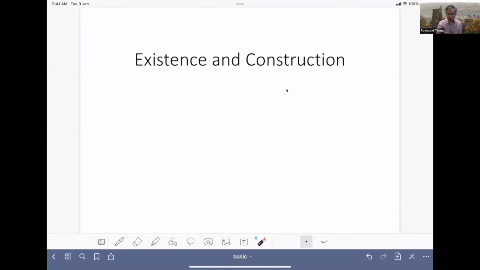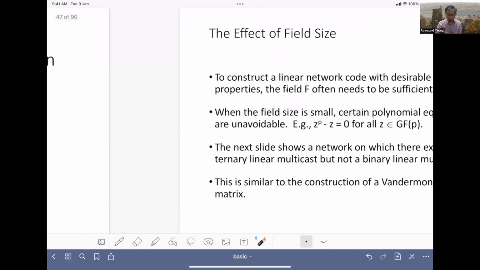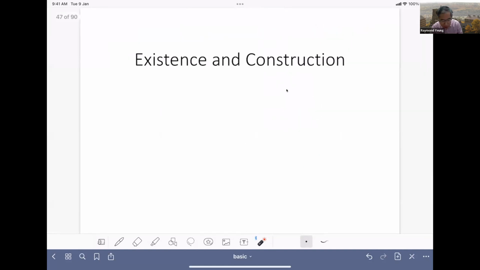Now here I would like to talk about existence and construction. Oh, I'm sorry, the animation here does not show up. So let me do it on the other computer. I'll stop sharing this.